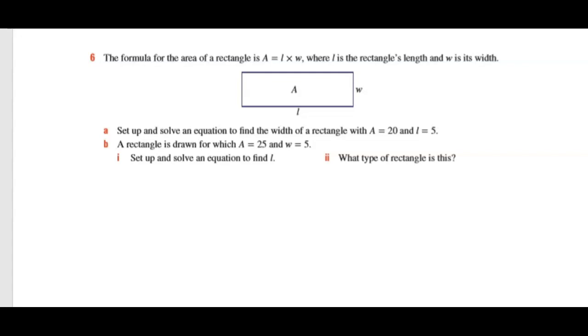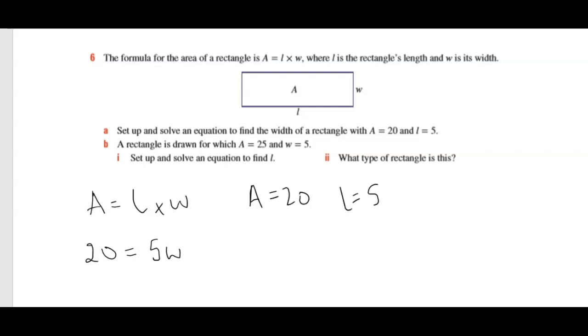So our equation is area equals length times width. So we've got to substitute in A equals 20 and L equals 5. So wherever I see A, I'm going to put 20, and wherever I see L, I'm going to put 5. You can put times W if you like, but you can just do 5W.